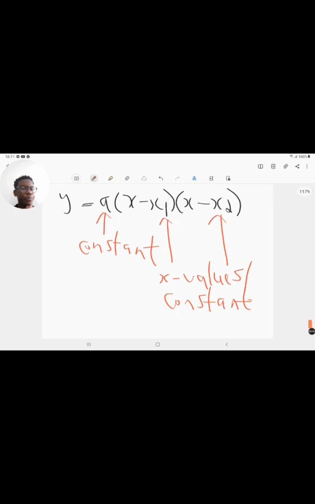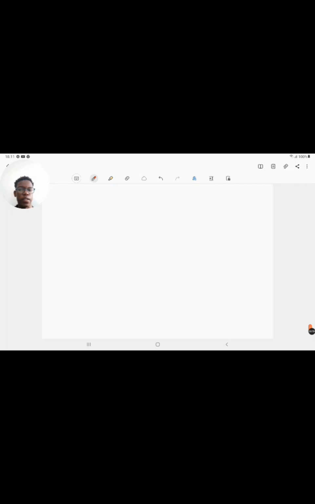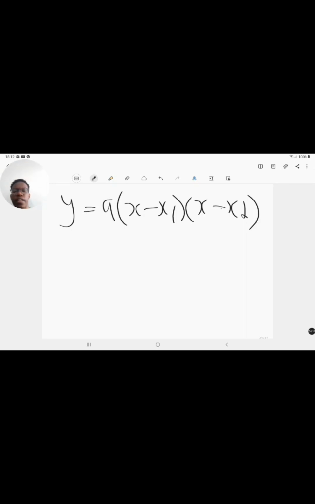To explain this standard form further, you've got y is equal to a, x minus x1, and x minus x2. Before I paint a much clearer picture of why this standard form is important, let's use an example.